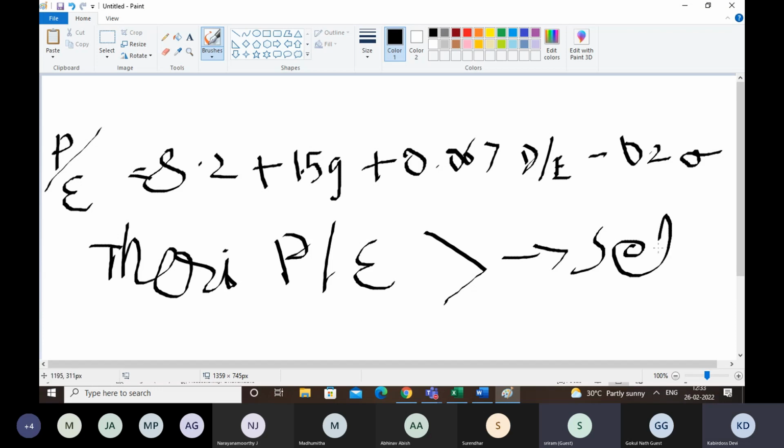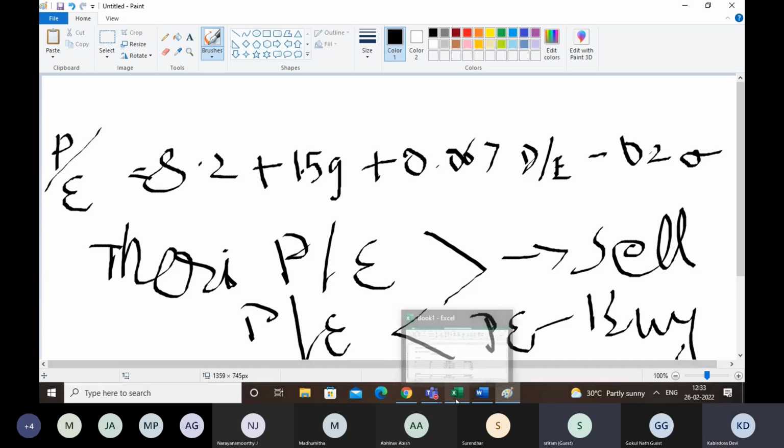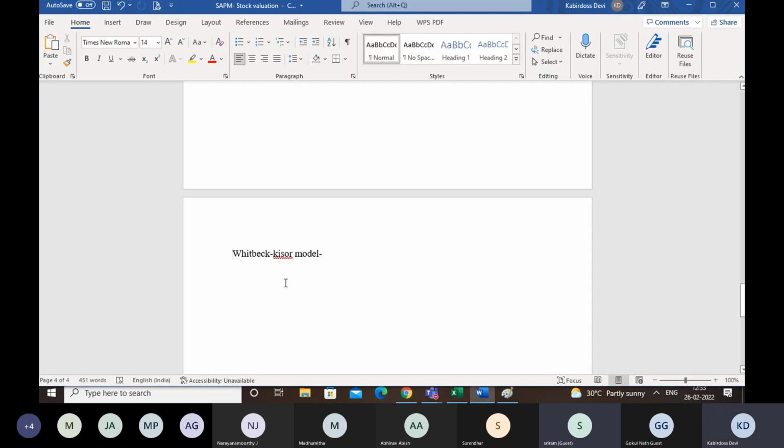No point holding the stock. But when the theoretical PE, which you are getting in the sum, is lesser than the actual PE, then you need to buy. So this is the strategy. I will tell you with one sum, then you will understand. Please take down.